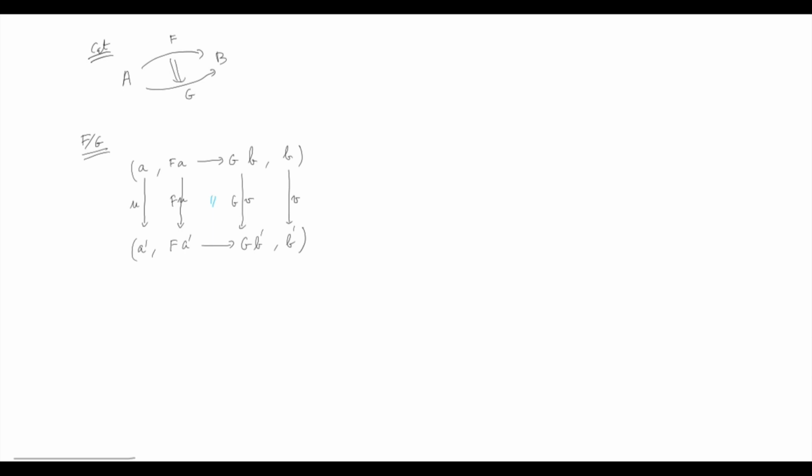Okay, so if we have a natural transformation alpha, what do we have? If you remind the original definition, for each object A of the category big A, we have a morphism from F of A to G of A, which we call alpha A. Likewise, if we start from A prime, we have this morphism F A prime to G A prime.